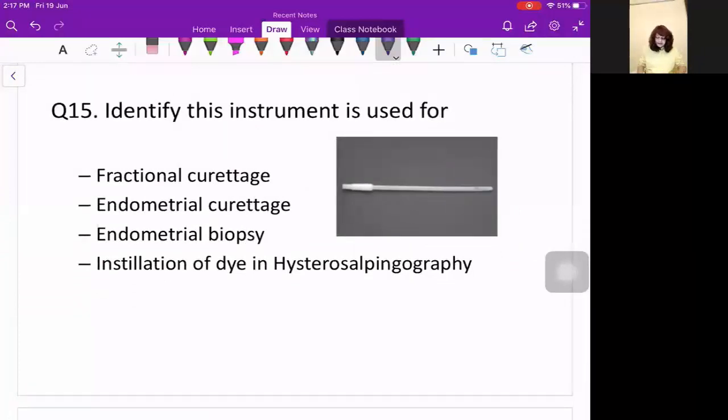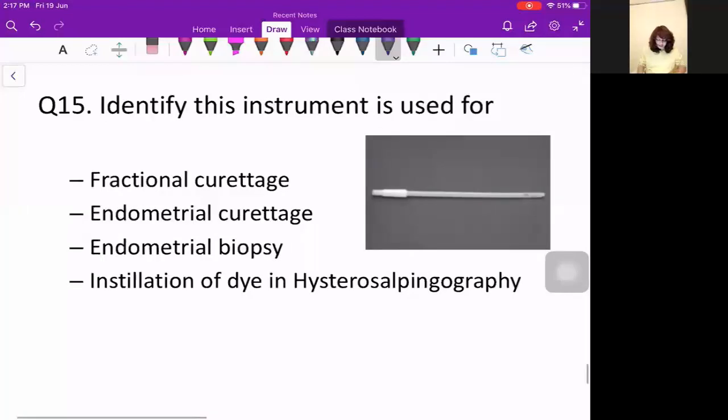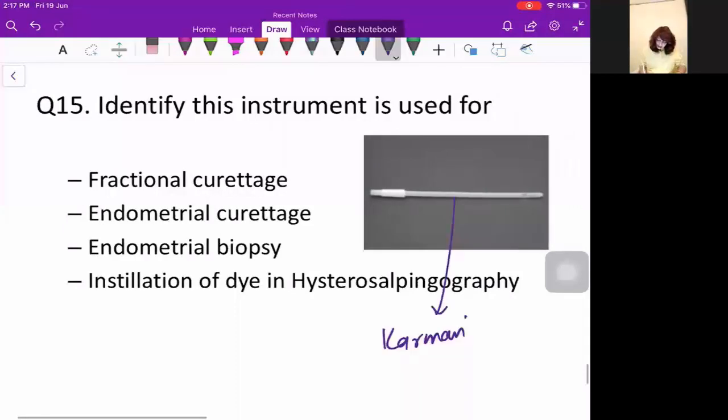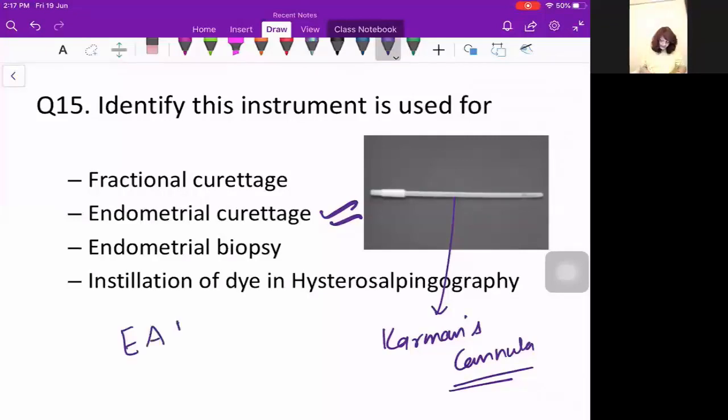Now, identify this instrument which is used for fractional curettage, endometrial curettage, endometrial biopsy, and instillation for hysterosalpingography. This is a disposable Karman's cannula, and it is used for endometrial curettage when we want to take up a case for EA plus ECC.